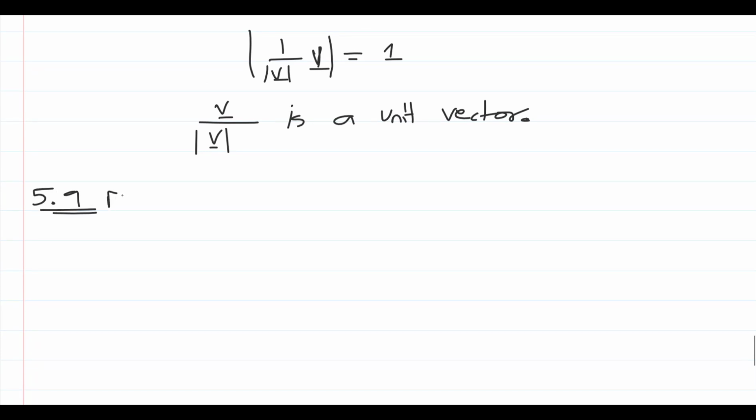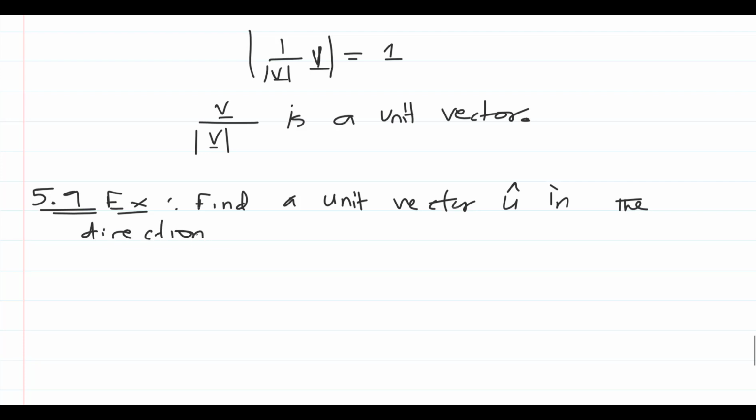Okay. So an example, 5.9. Let's find a unit vector û, with the hat, say the unit vector in the direction from P1 (1, 0, 1) to P2 (3, 2, 0).